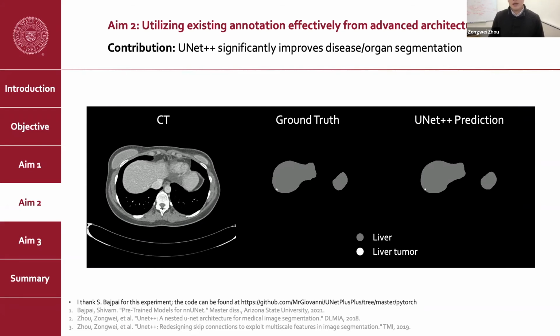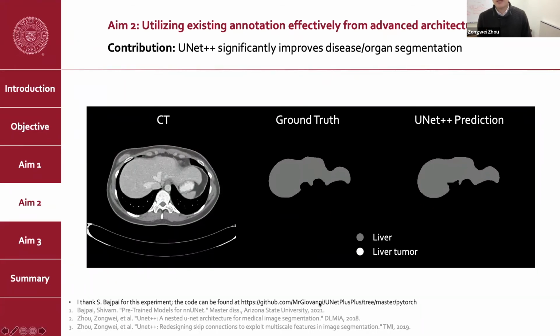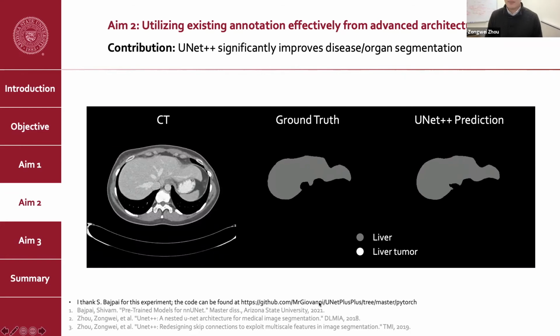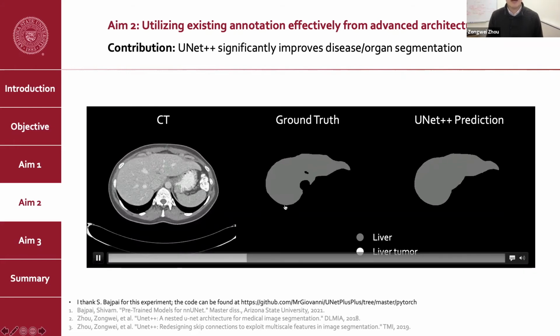This is a very encouraging result because it shows that our UNet++ is not only sensitive to detecting different sizes of liver tumor, but also shows very high specificity, which means if it's a healthy liver, UNet++ will not generate too many false positives. As here, all the healthy liver and the prediction is healthy liver.